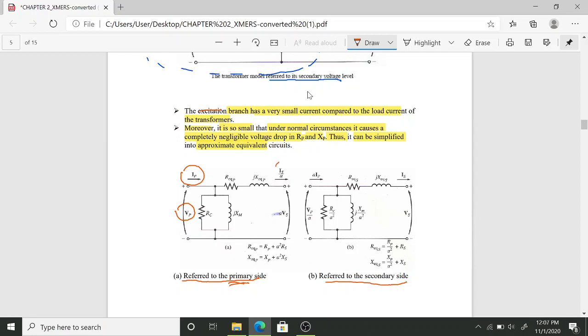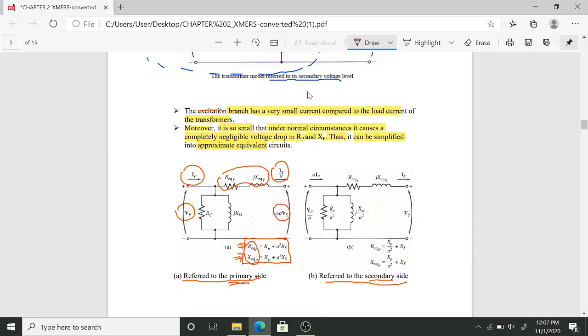So IS divided by A, VS times A, and this is the R equivalent and X equivalent, which you have to multiply by A squared. So this is the formula to get the R equivalent and X equivalent referred to the primary side.